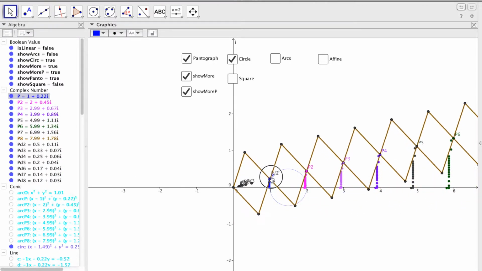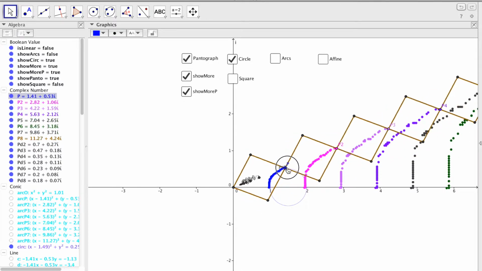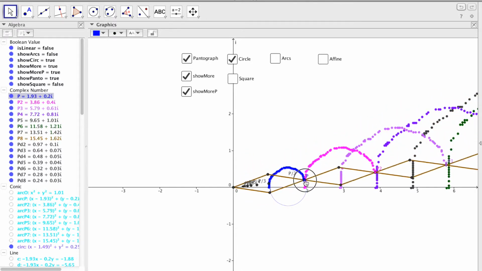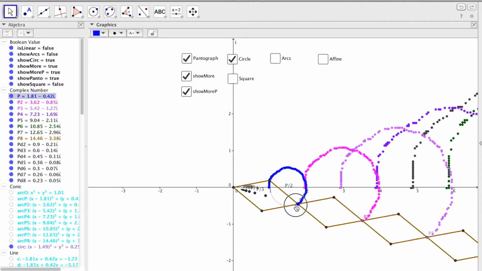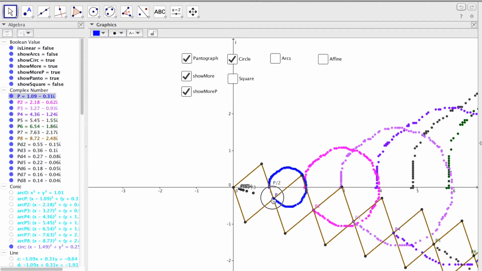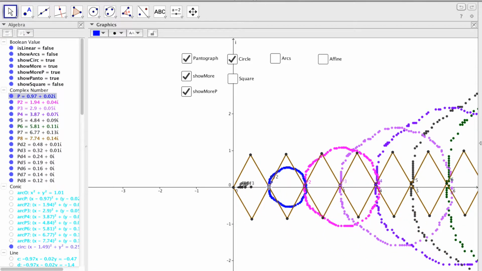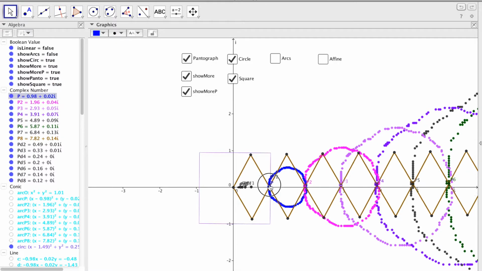In the olden days, the pantograph was used to make copies of objects by just tracing from one to the other. And here we see the pantograph making multiplicative copies of this circle. And here we'll do a square.